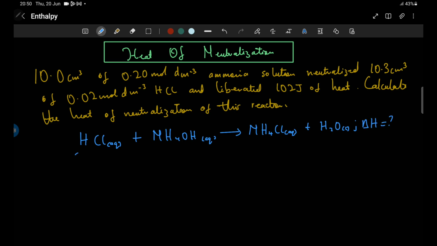And we know this is a strong acid and this is a weak base. If you don't know what a strong acid and a weak base, or weak acid and strong base and all those terminologies are, you can go back and check what they mean before continuing this video, because that is very, very key to your understanding here.